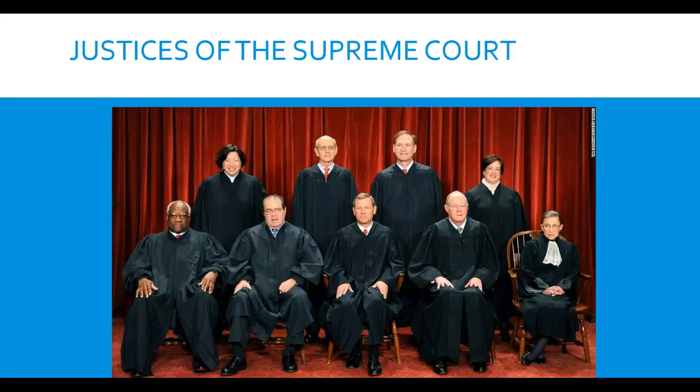Justices of the Supreme Court have life tenure, receive a salary which is set at $255,000 per year for the Chief Justice and $244,000 per year for each Associate Justice. On August 7th of 2010, Justice Elena Kagan became the 112th justice to serve on the court.